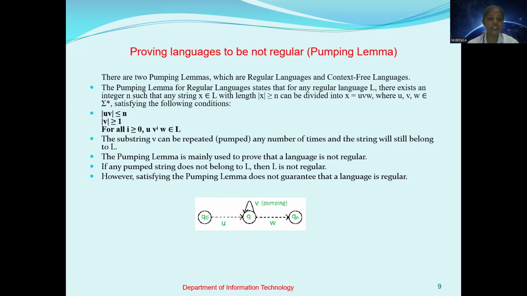Length of UV less than or equal to n, length of V greater than or equal to 1, and for all i greater than or equal to 0, U V^i W belongs to L. The substring V can be repeated any number of times and the string will still belong to L. The pumping lemma is mainly used to prove that a language is not regular.